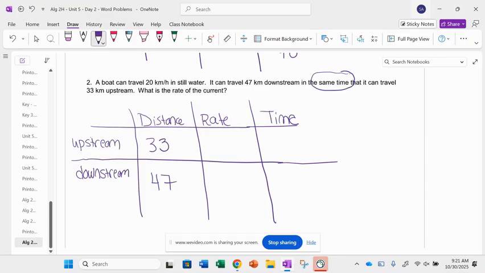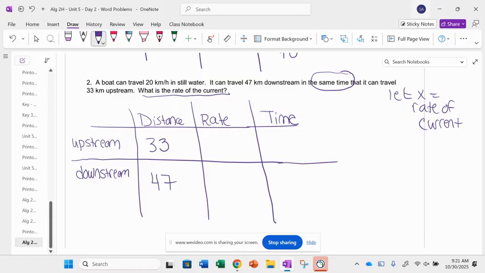Okay. What is the rate of the current? Do we know what the rate of the current is? No. So we're going to let x equal the rate of the current. But the rate of the boat is not just the current. The rate of the boat is going to be its baseline rate, and then the current is either going to help it or slow it down, right?